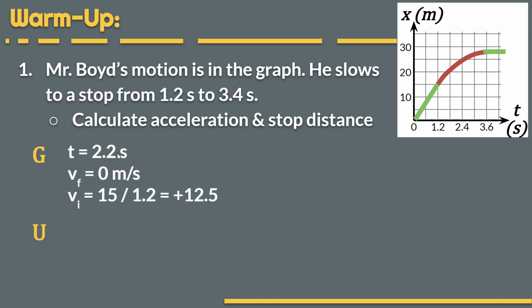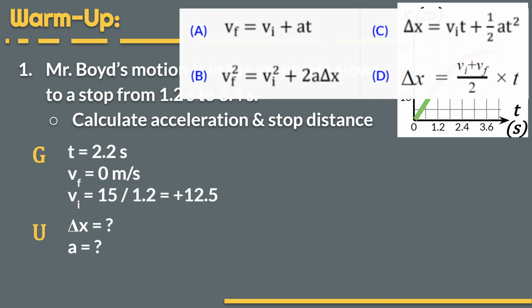The time, the final velocity, the initial velocity, and I'm trying to find stopping distance, and I'm trying to find acceleration. Looking for two different things here. So looking at these equations, if I have t, vf, and vi, I can find delta x, and I can find a. I'm going to use two different equations for that, or I can find one and use it to find the other.